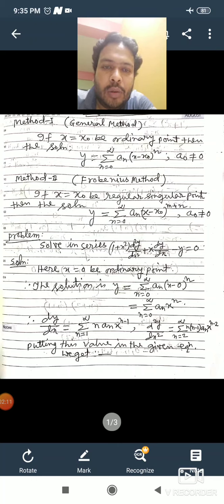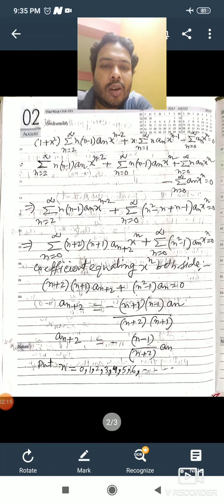Now putting this value in the given equation we get (1 plus x square) summation n equal to 2 to infinity n into n minus 1 a n x to the power n minus 2, plus x summation n equal to 1 to infinity n into a n x to the power n minus 1, minus summation n equal to 0 to infinity a n x to the power n, equal to 0.